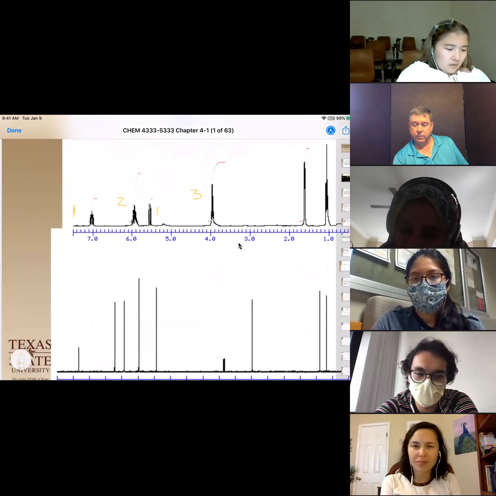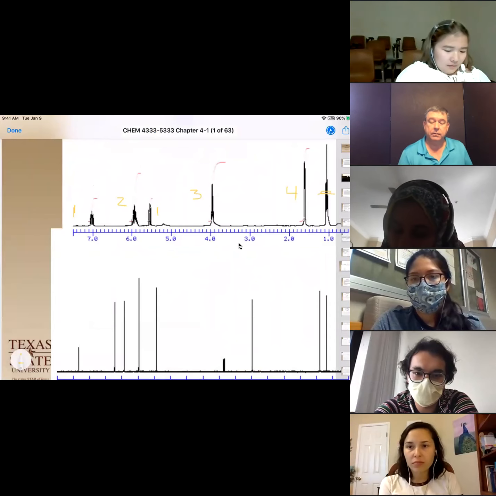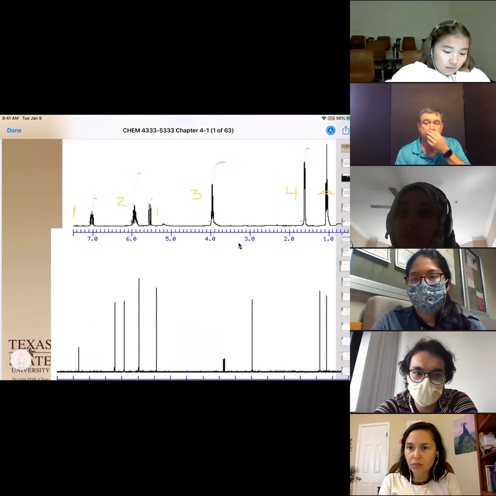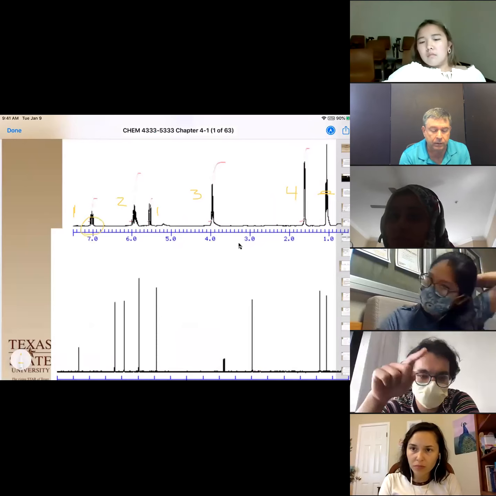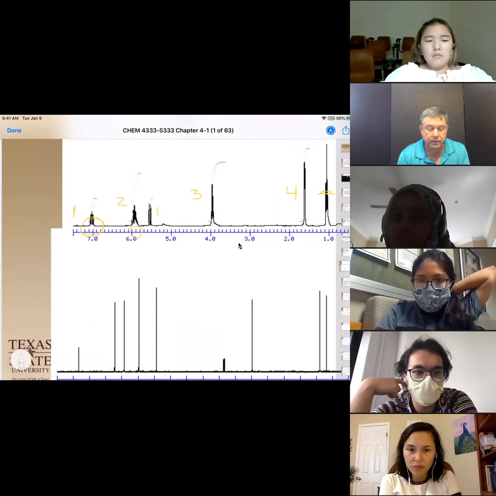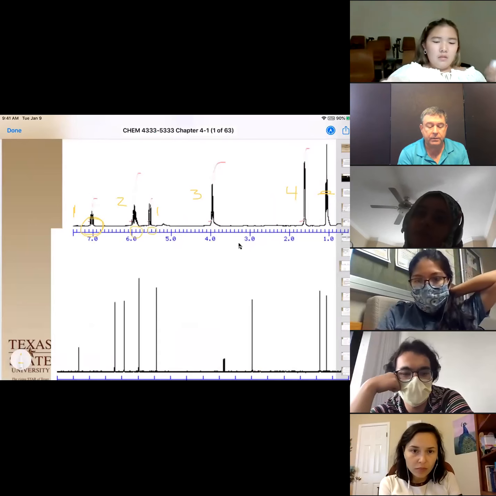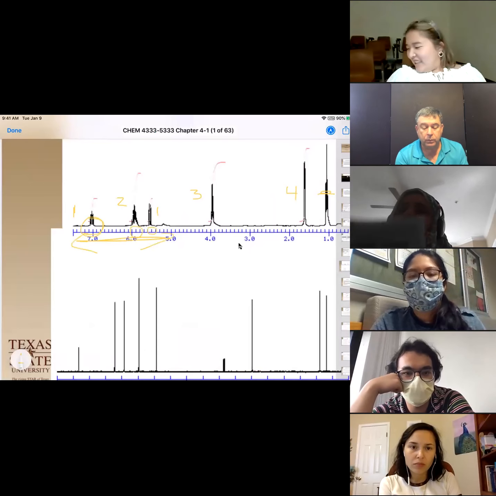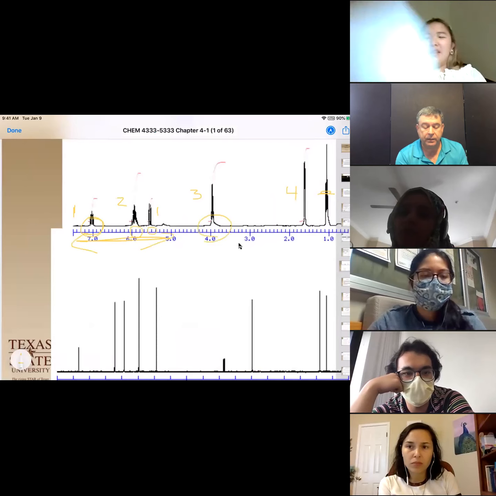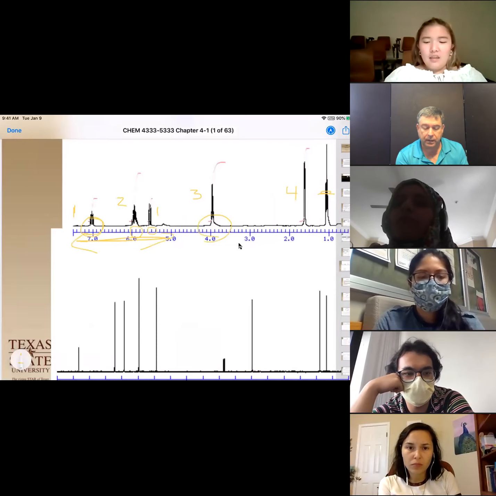Oh, that looks like 4, and this one's not integrated at all. Gosh, that's a very complex structure. Oh, we have something up here, something here, and something here. Well, that's spread out too much to be a benzene, so that's probably not a benzene. Ooh, this is probably something next to an O here.